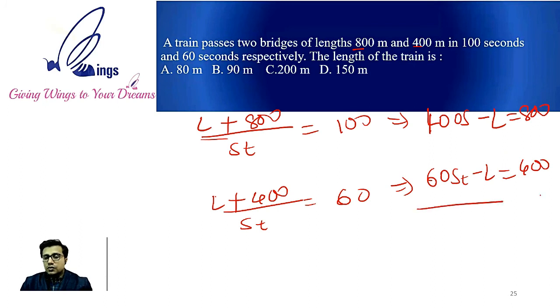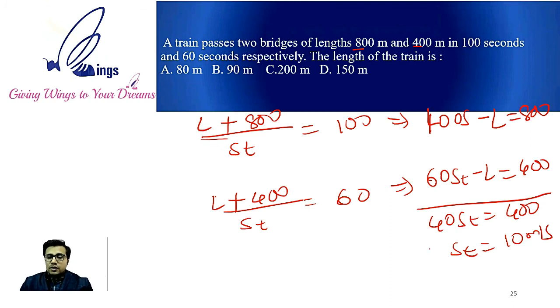And when we solve these two, L cancels and we have 40 ST is equal to 400. So speed of train is 400 by 40, that is 10 meter per second. But they're asking the length of the train. So when you put this value ST equal to 10, we get 60 into 10 minus L equal to 400. So L will be equal to 600 minus 400, that is 200 meters.